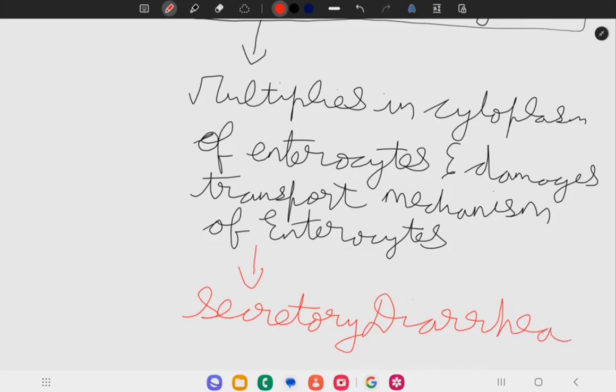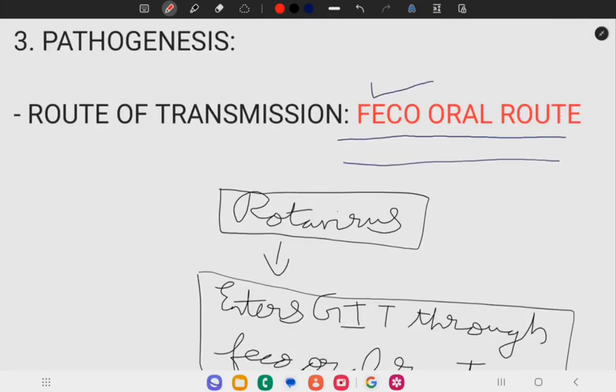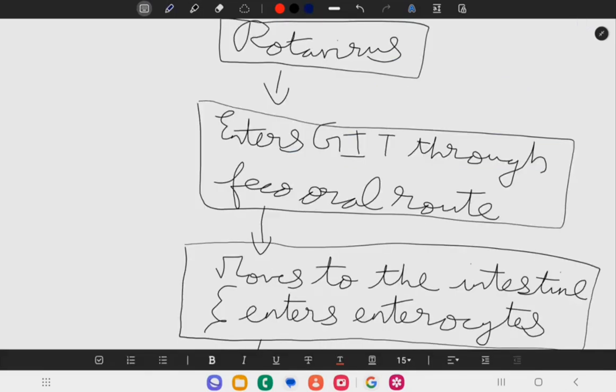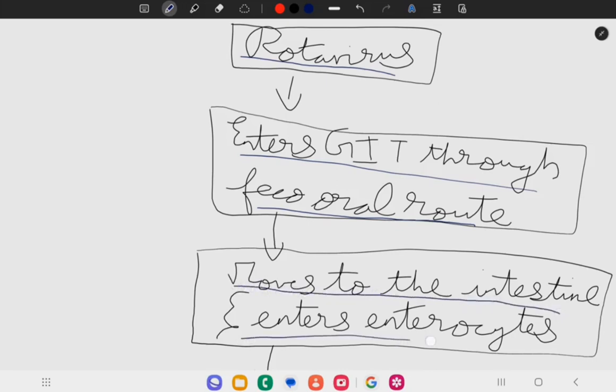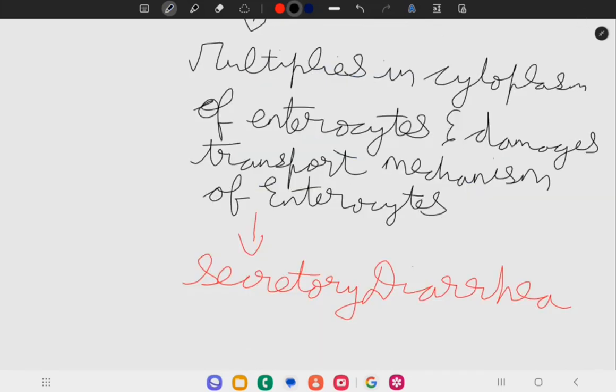I will quickly summarize it. Rotavirus enters the gastrointestinal tract through the feco-oral route. Once it enters the gastrointestinal tract, it moves to the intestine and enters enterocytes.